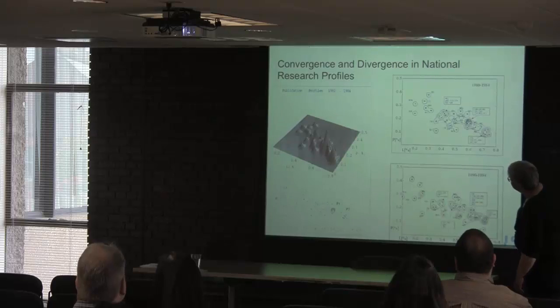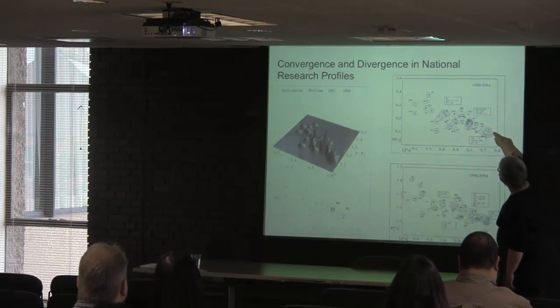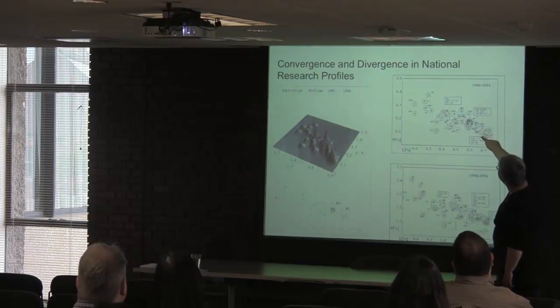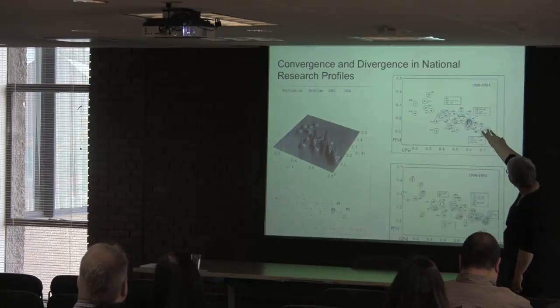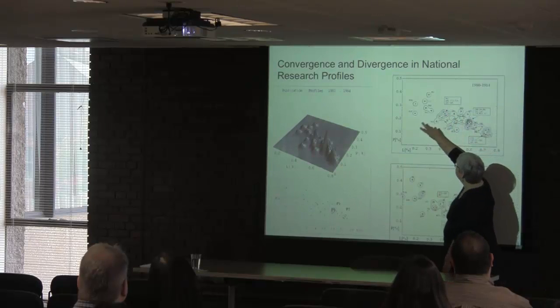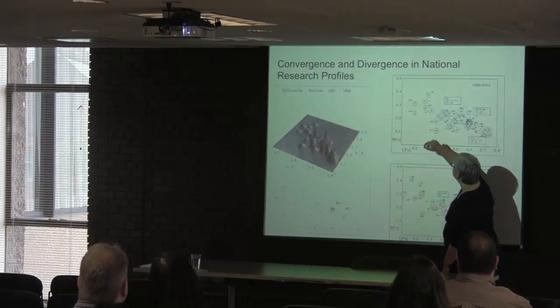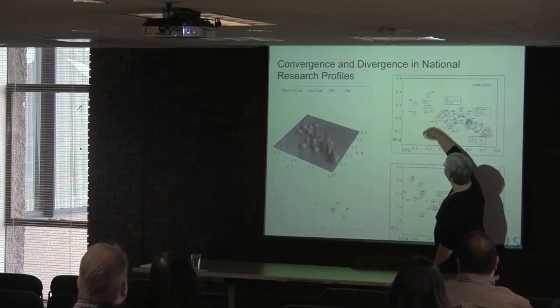You can't read it, and I can't read it either, but I remember that in this corner with high life science we had the US. So somewhere in this corner. And continental Europe was somewhere here, and the socialist countries, because we did that prior to the transition phase, were somewhere here.